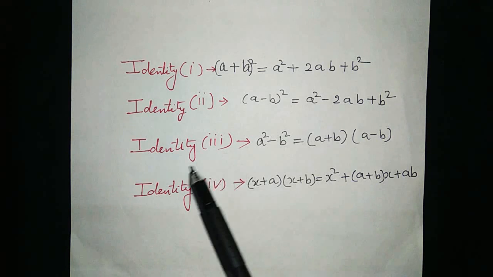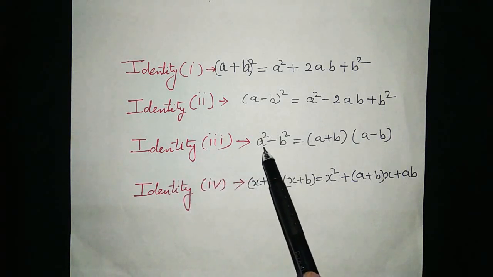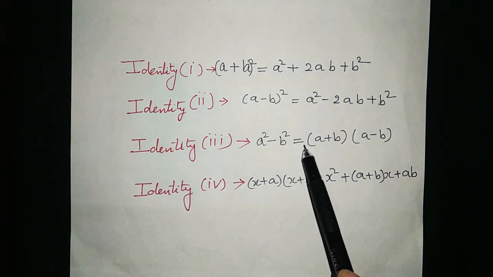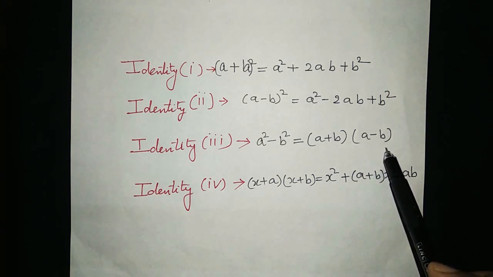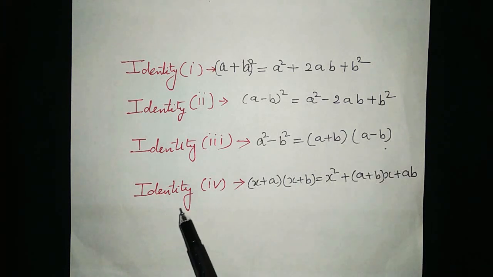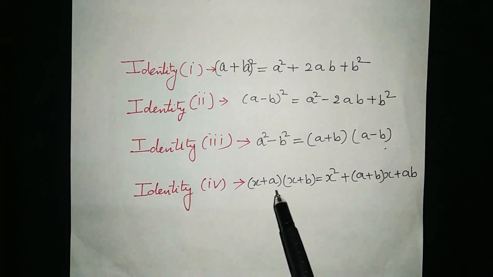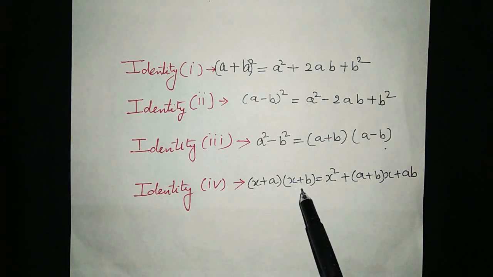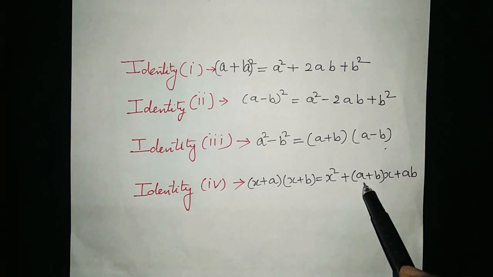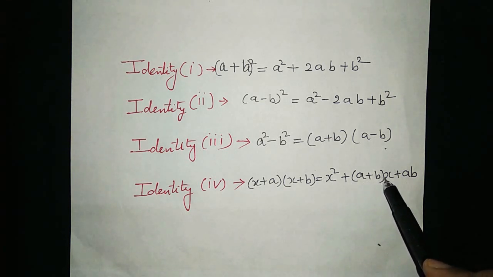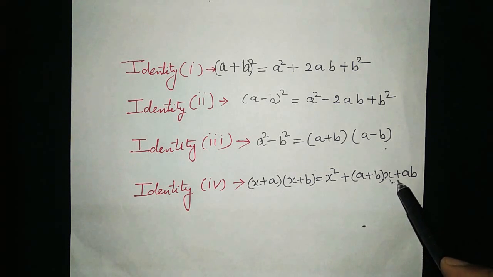And the identity third is a square minus b square is equal to a plus b into a minus b. And the last identity fourth is x plus a into x plus b is equal to x square plus a plus b whole multiplied by x plus ab.